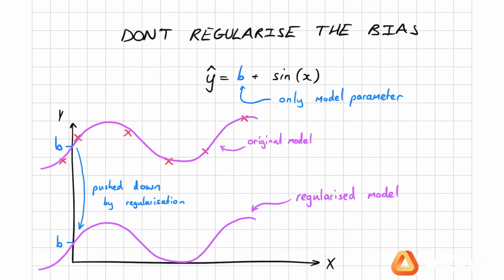I've got a model which only varies by one parameter. It can only move up or down. It's always the same wavy shape. But if we were to regularize that parameter, it would be pushed towards zero, even just a little bit. But when we do that, it just gets more wrong. It doesn't actually simplify the complexity of the model and make it less likely to overfit.